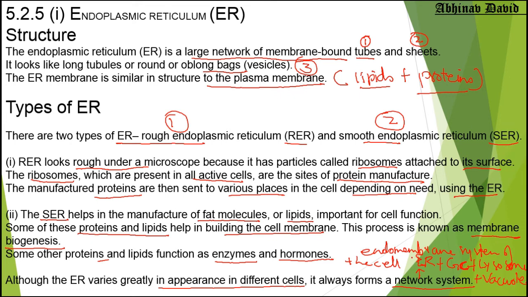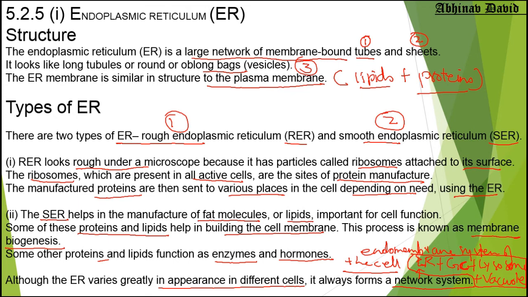So you can see these four organelles are forming the network system, and this network system is called the endomembrane system of the cell. I hope you have noted this in your copies.